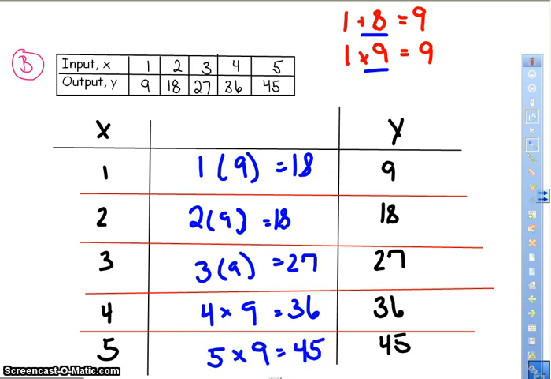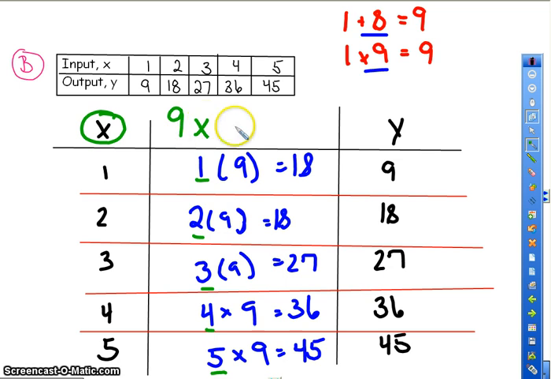Okay, so your equation, once again, will have to do with my x values. What am I doing to these x values, 1, 2, 3, 4, and 5, to get my y values here? I'm taking x times 9. So you can write it like that, or the more proper way, and the way that I would always write it, is 9x.